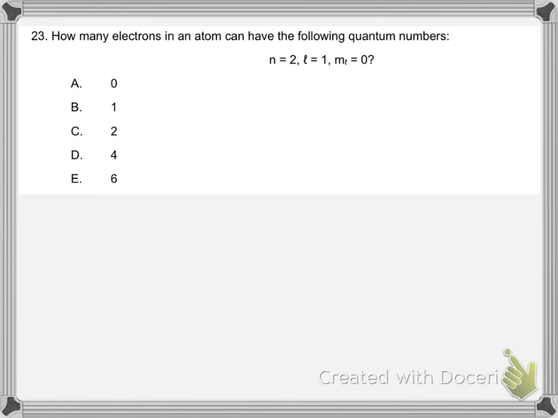For number 23, they're asking how many electrons in an atom can have the following quantum numbers. Then they give us a value for n, l, and m sub l. And so when we know all three of these things, that's when we're describing a specific orbital.